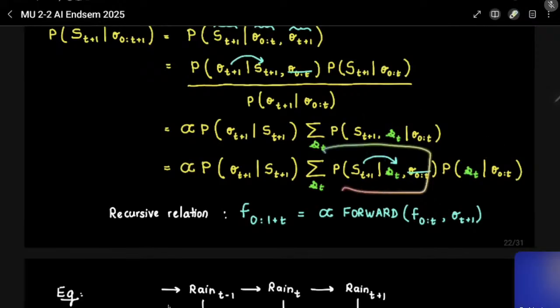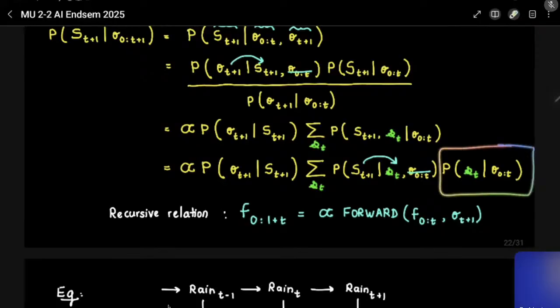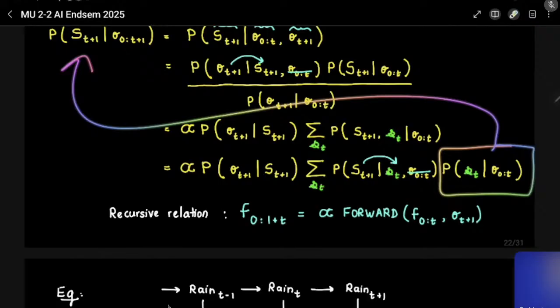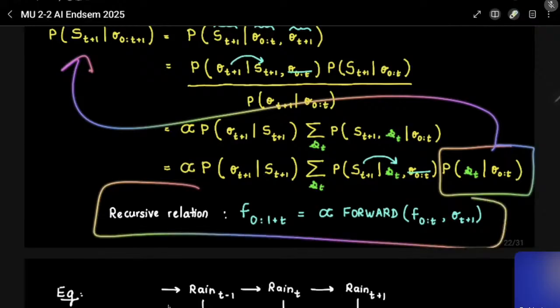Now again, there is this Markov assumption that the probability of a hidden state will only depend on the previous hidden state. So it will not depend on anything else. So I can strike this observation off. So now this simply becomes your transition probability. And now if you look at this, it is similar to the original problem. All that changed is instead of t+1, you have t. So this is some form of a recursive relation.